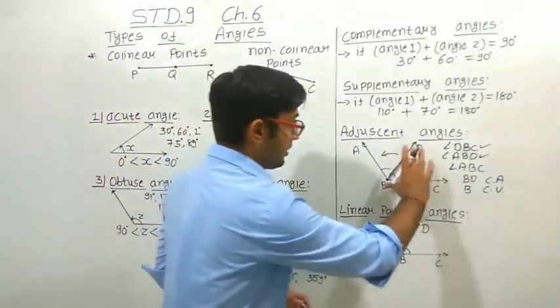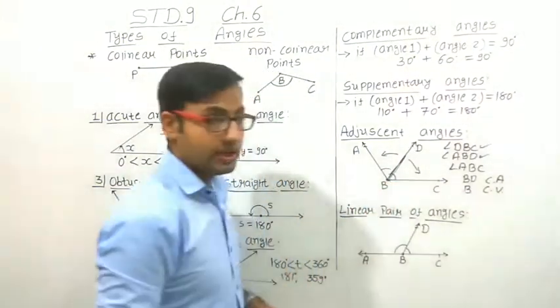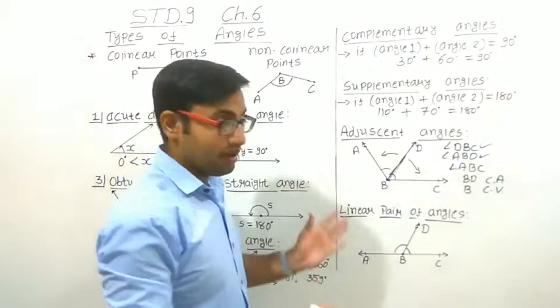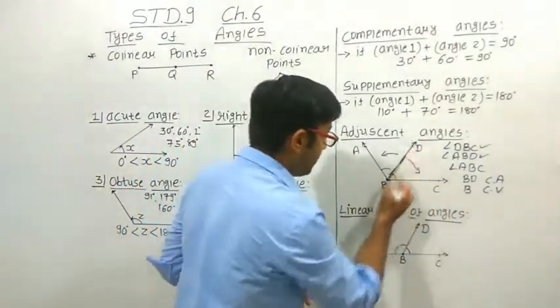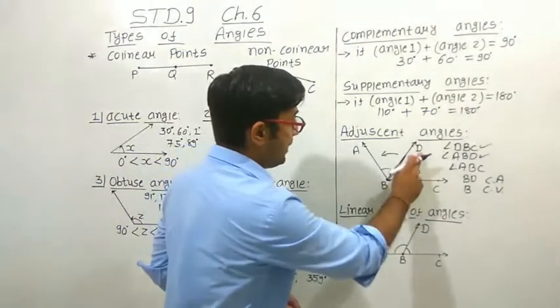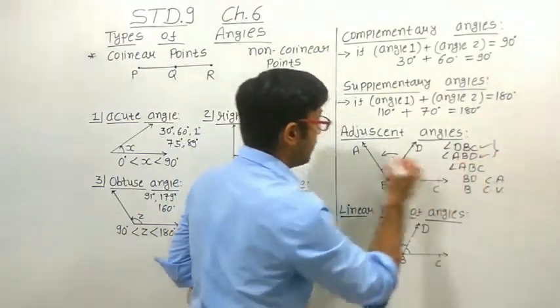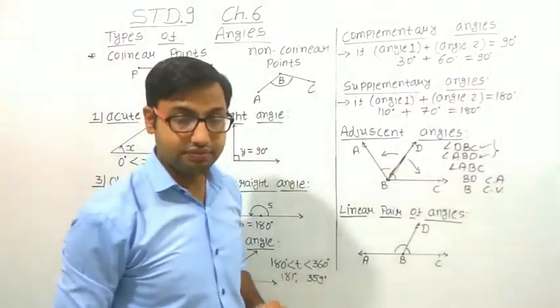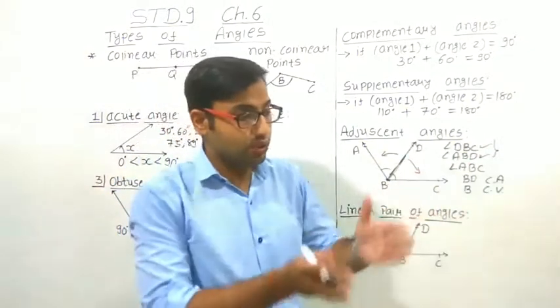First condition is that there must be one common arm. Second, they must have a common vertex. Third, whatever arms remain, they must be opposite of the common arm. Then only we can say that ABD and DBC are called adjacent angles. You can compare it with two rooms.